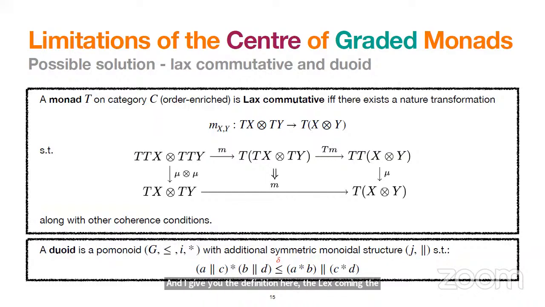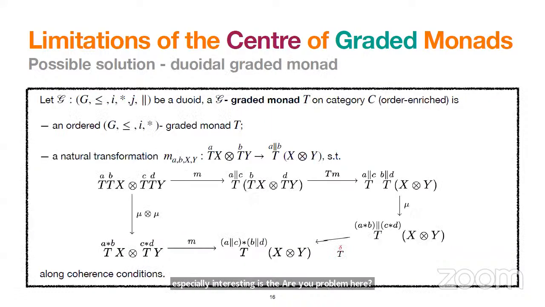It just extracts both of the T, and takes it out. And this is the definition of a duet. What makes it especially interesting is the unequivalent here. That's what we can use for duet graded monads, which we suppose should be interesting.